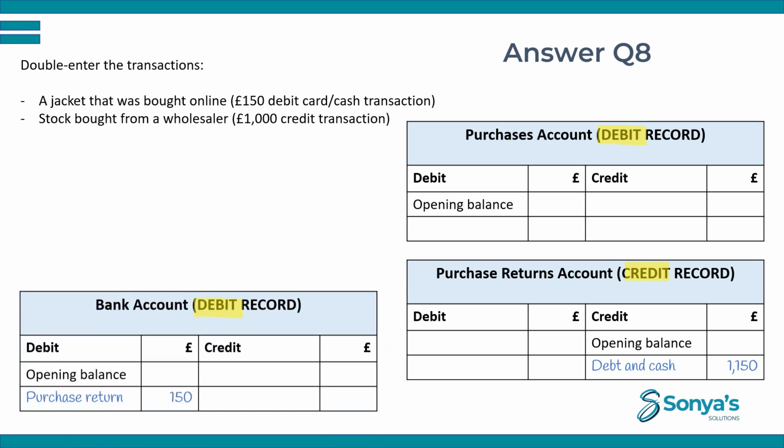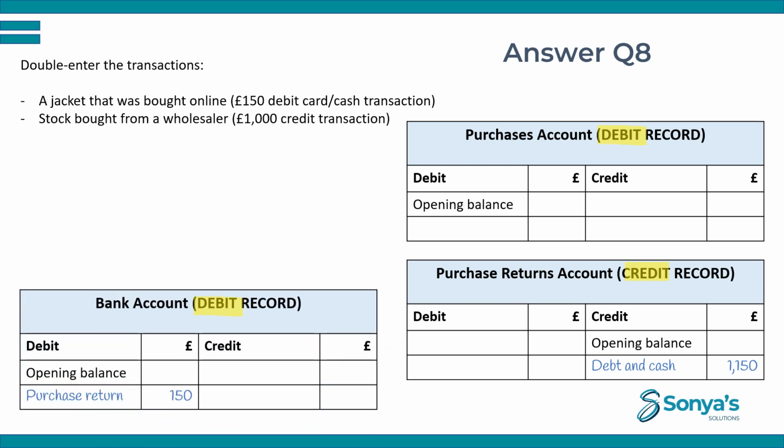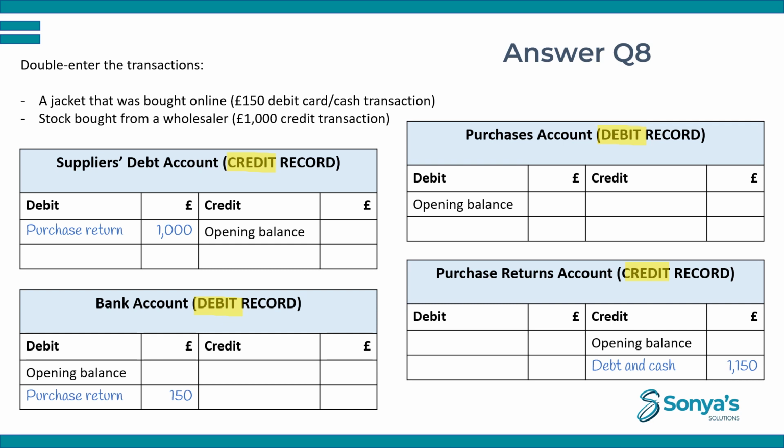The cash refund is debited to the bank account to increase the bank balance, the asset of cash. The invoice for the credit purchase is on the credit side of the supplier debt account. The liability needs removing with a debit entry. Finally, always check that the entries balance. The total of the debit entries equal the total of the credit entries.